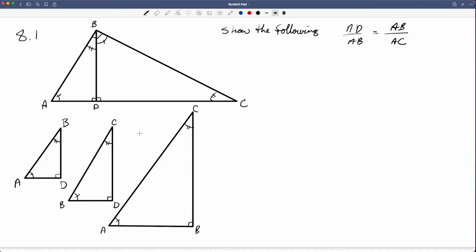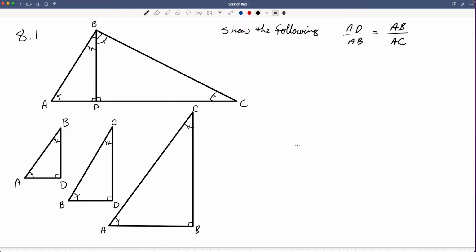So now I'm looking at the hypotenuse. AB is going to be proportional to BC, which is going to be proportional to AC. All right, so I can write that. This is the hypotenuse here. For the AD base, AB is the hypotenuse.